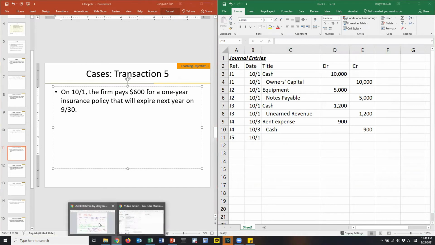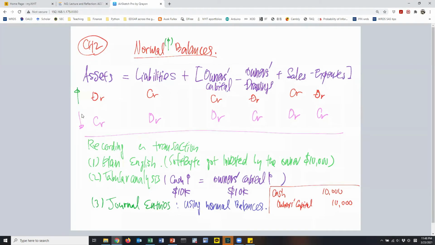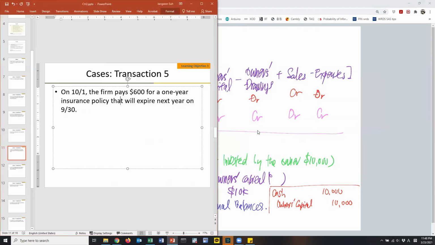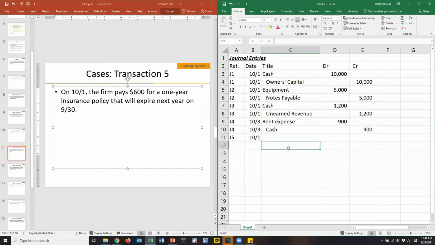Again, cash as an asset item decrease should be credited. So cash decrease should be credited for 600. Because of what? You paid insurance policy, right?